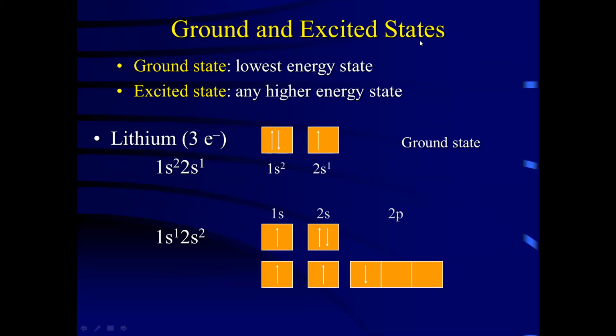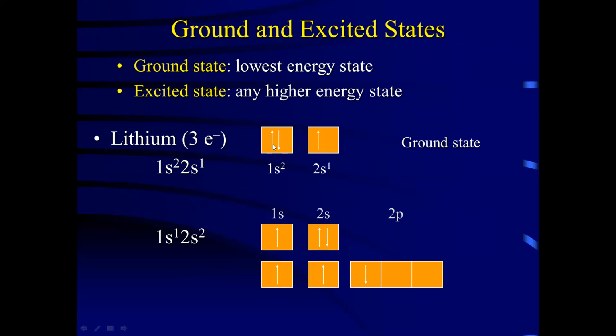For lithium, when we use the Aufbau principle, or in English, the building-up principle, to fill the electrons into the orbitals, as the principle says, we should start from the lowest energy orbital, which means 1s2.